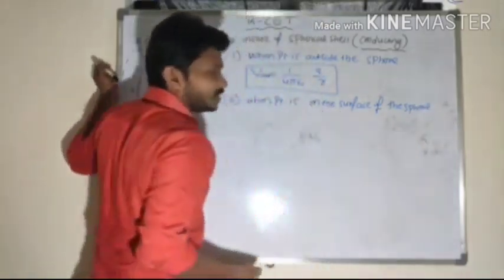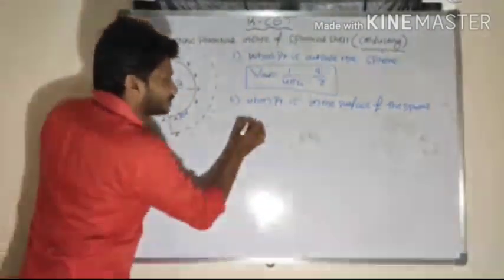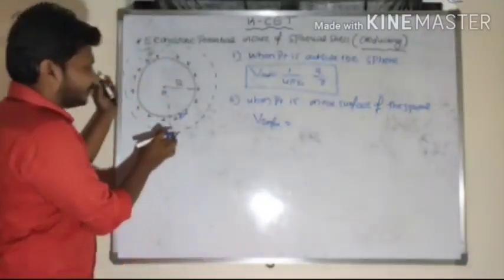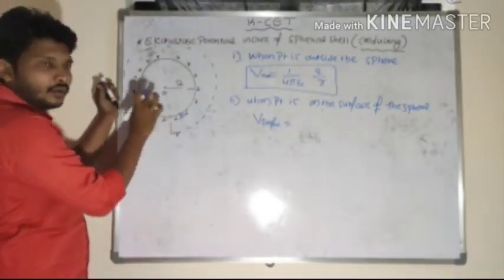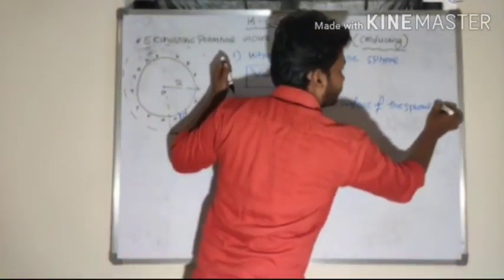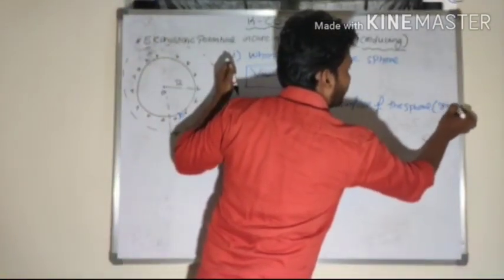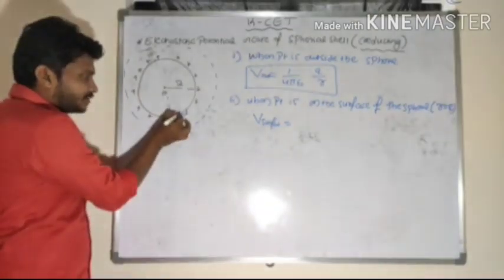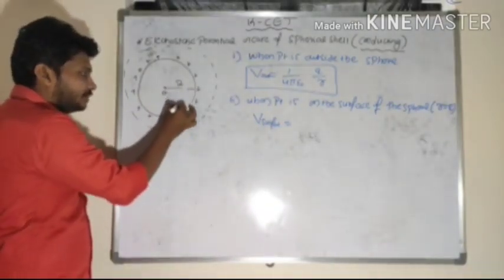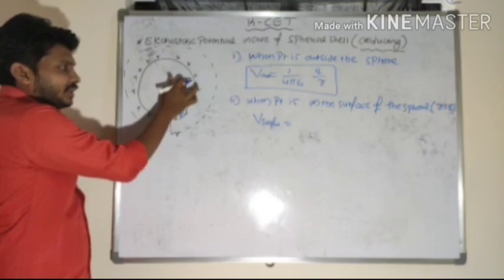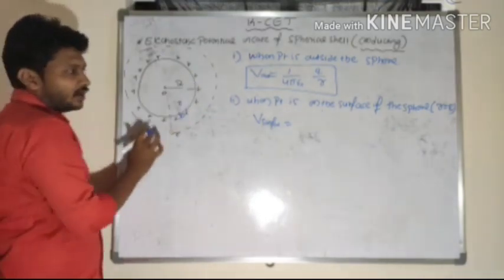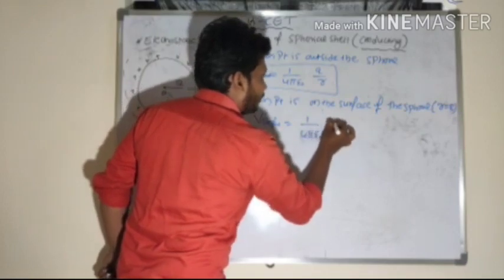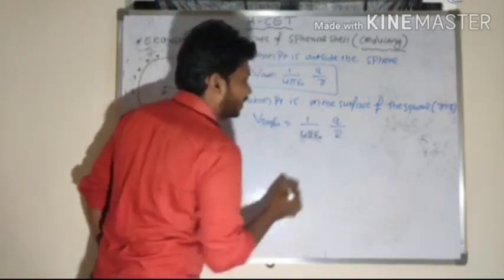When the point of observation is on the surface of the sphere, the radius is equal to the point of observation distance, so R is equal to capital R here. So when the point of observation is on the surface of the sphere, this value is R, the radius of the sphere. Then the formula is V equal to 1 by 4 pi epsilon naught Q by R.